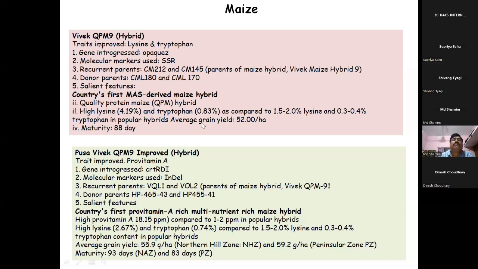Average yield is again very good, 52 quintal per hectare, and it matured in 88 days.